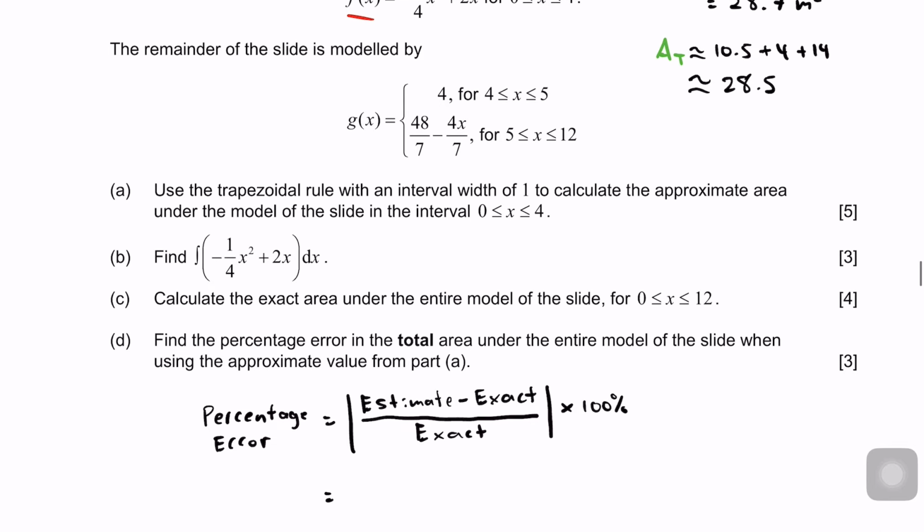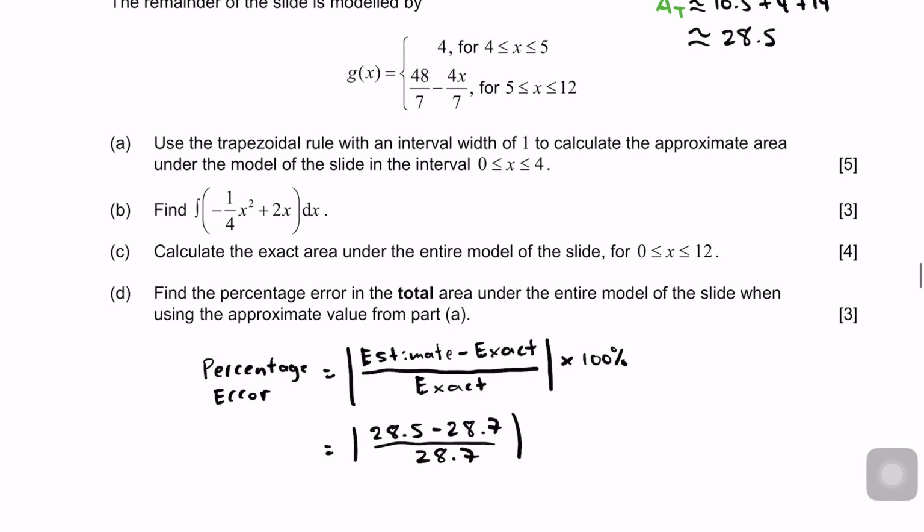Estimate is 28.5. The exact is 28.7, and we want to write it out over 28.7. We say no negatives, that's why we put these absolute values, and then multiply by 100%.